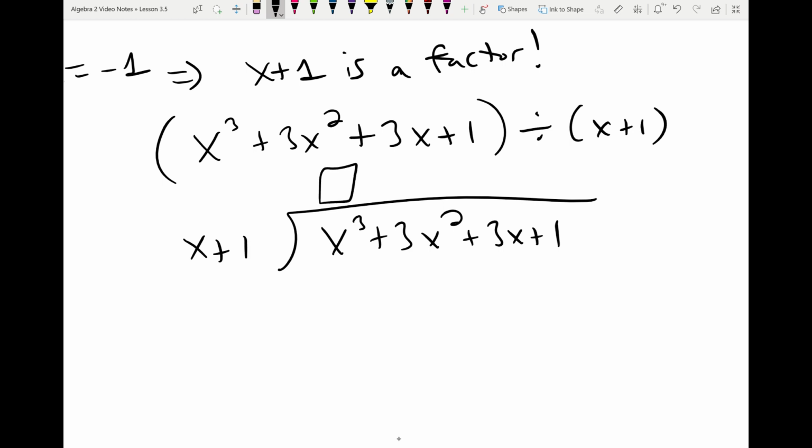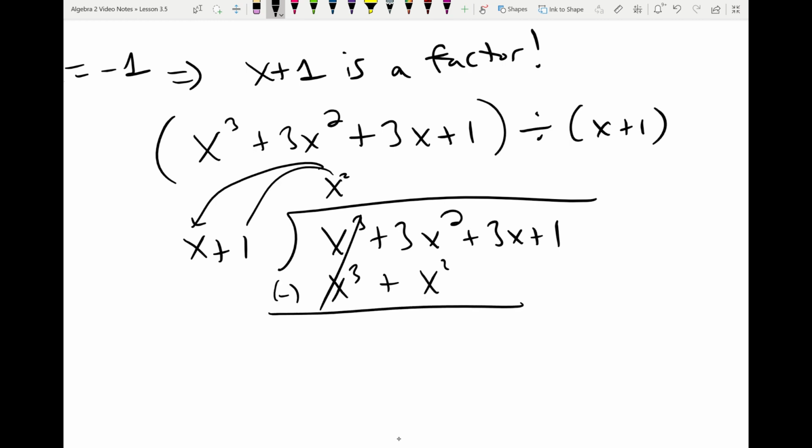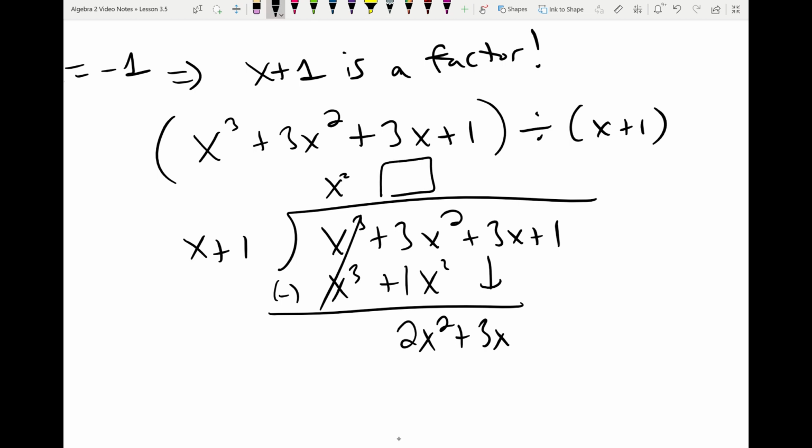All right, so what times x is x cubed? That would be x squared. And then x squared times 1 is x squared. Subtract. Cancels. There's an invisible 1 there. 3 minus 1 is 2. Bring down the 3x. So now we need what times x is 2x squared. And that would be positive 2x.